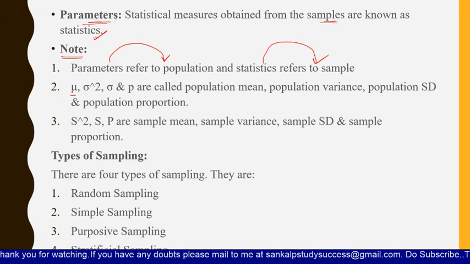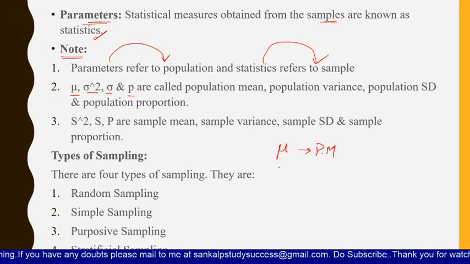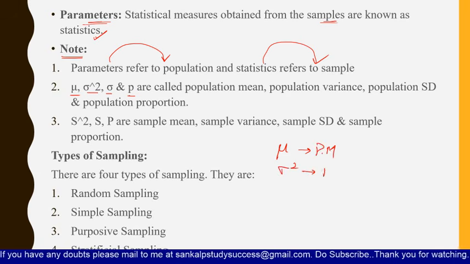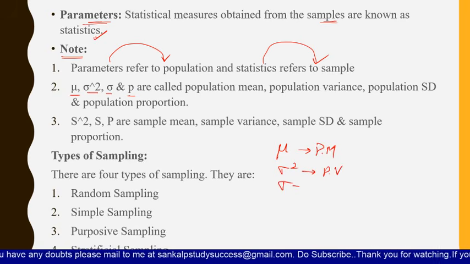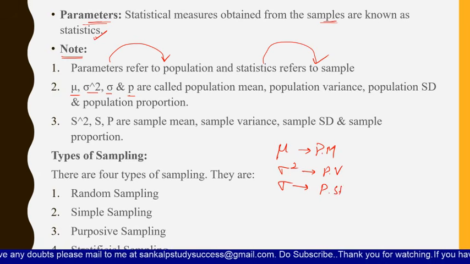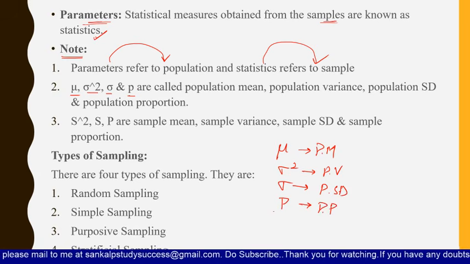Now mu, sigma square, sigma and p: mu is the population mean, sigma square is the population variance, sigma is the population standard deviation, and small p is the population proportion.